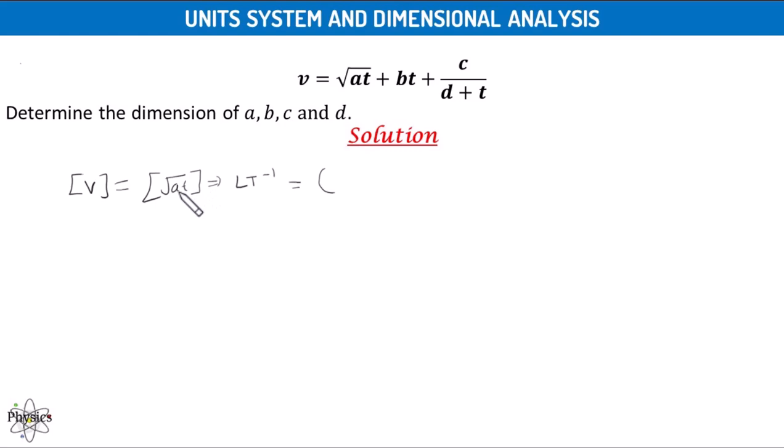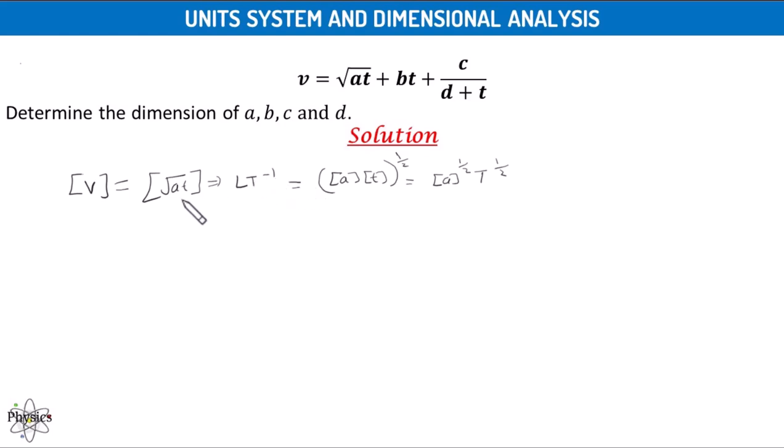Then we have the dimension of A, dimension of time, which is T, all under the square root. Then the dimension of A, which is unknown, under the square root, and the dimension of T, which is time, T. Then on the left hand side, we have LT to the power of minus 1.